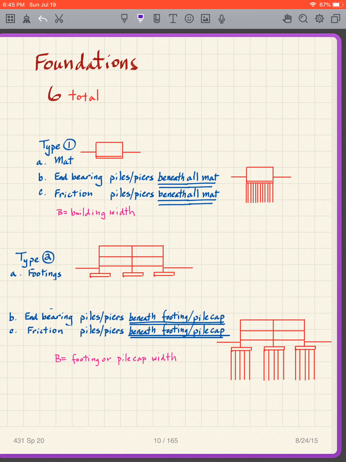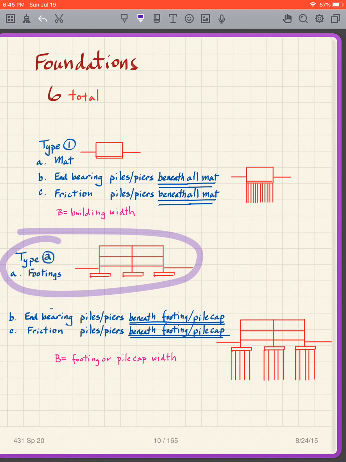So our type 2 foundation, the first one we're going to look at is footings. Footings we haven't quite talked about yet, but a very simple foundation is you have the building column and you just put a pad, a base, for that column. We call that a footing. Under some circumstances, this is the cheapest by far foundation.